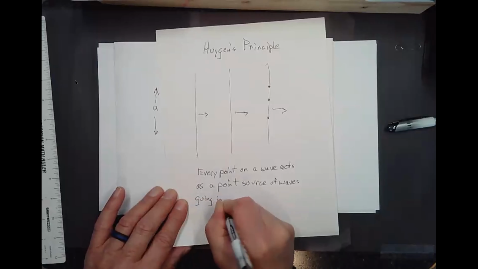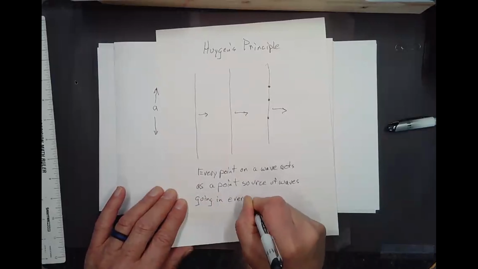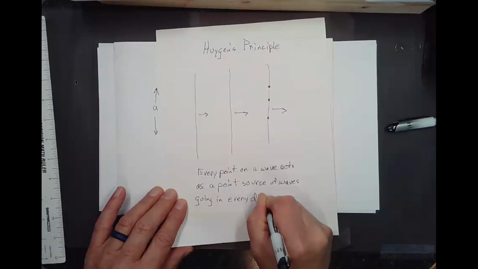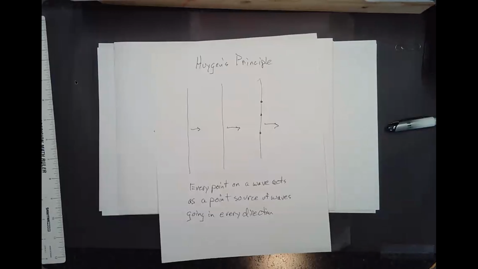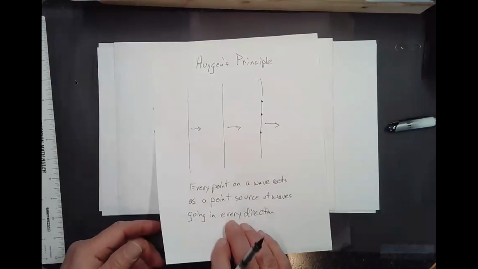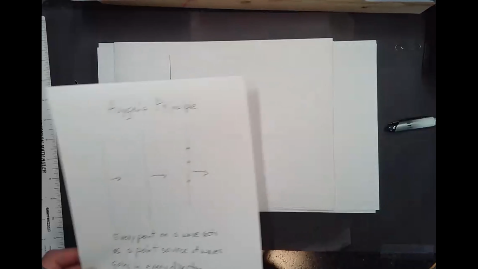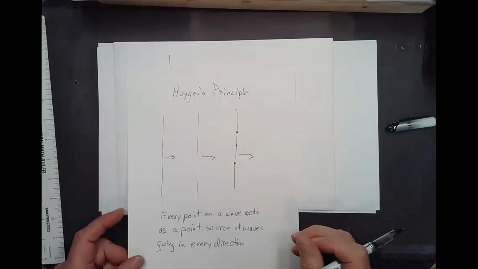going in every direction. However, when they do that, when you add them all up, you end up with stuff that's going in one direction. However, and especially if you have an infinitely long line or something that's very long.